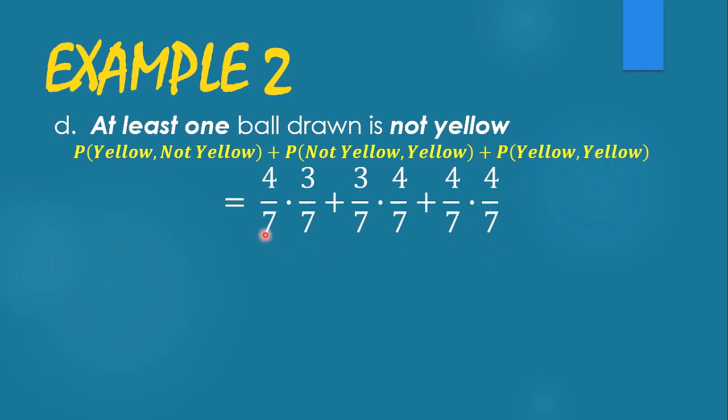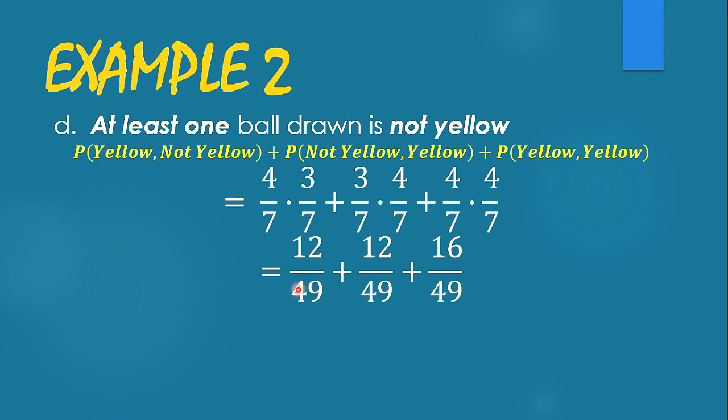So again, the total number of balls in a box will not be affected since we have to replace the given ball. After we pick one ball in a box, we'll put it back in the box to get another ball. So therefore, we have 4 over 7 times 3 over 7 plus 3 over 7 times 4 over 7 plus 4 over 7 times 4 over 7.